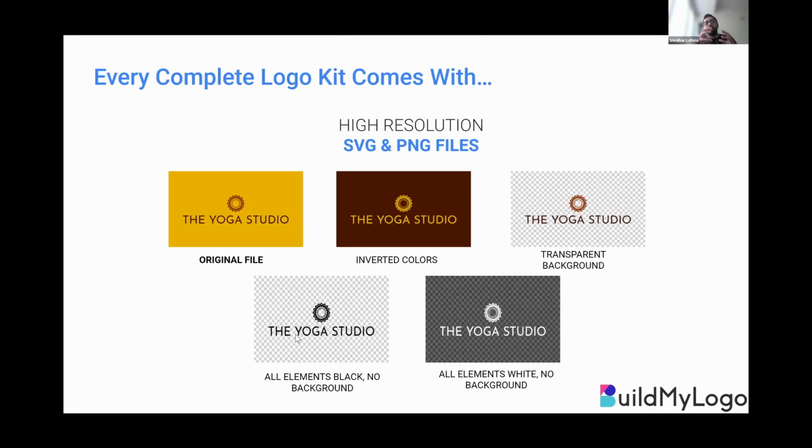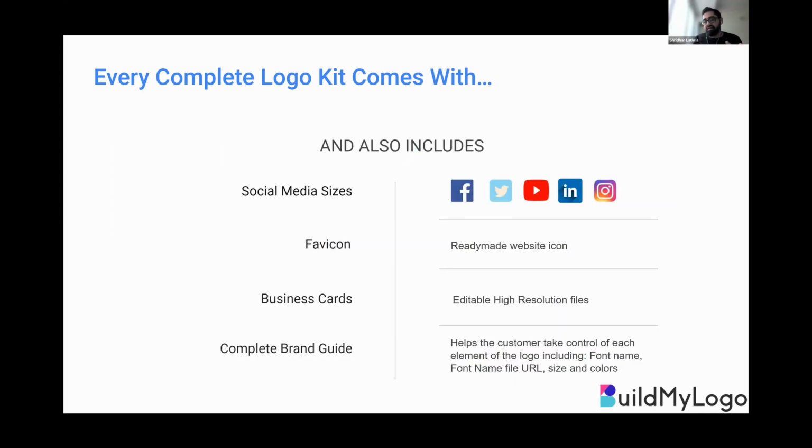Right. So I just mentioned that you get 20 complete logo kits in a Web Pro plan. In every complete logo kit, what you get is high resolution SVG and PNG files and various different social media sizes. You get a favicon in case somebody wants to use it for their website. You also get business cards, which are actually editable business cards.